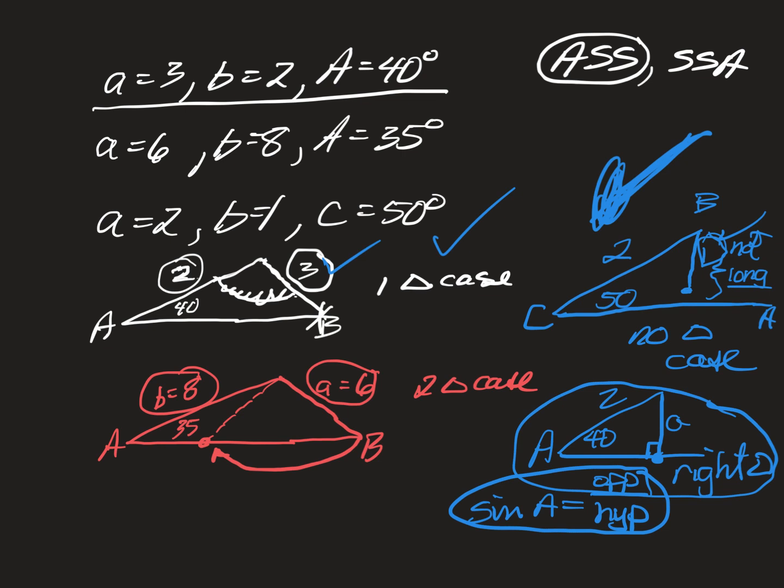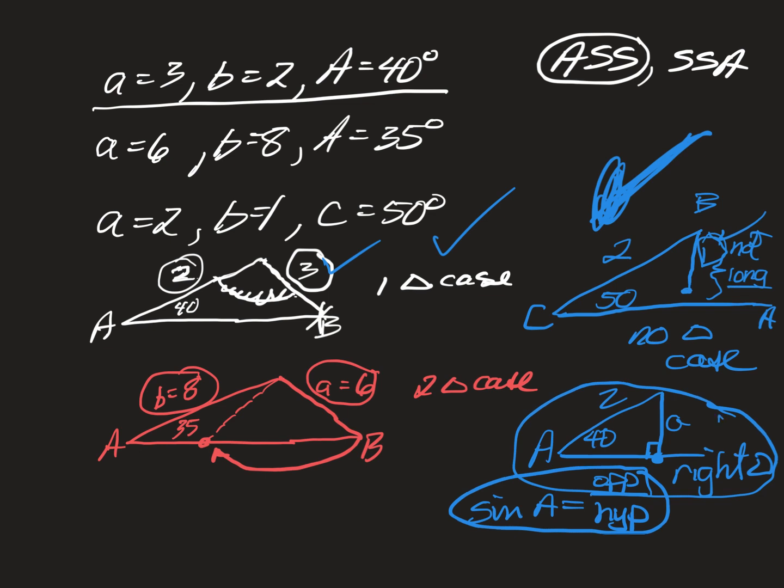And in this case, you get 3 over 2, which is bigger than the sine of 50, then that means that you're going to have a one triangle case where it's one oblique triangle instead of one right triangle. So you're looking for greater than, equal to, or less than. And the greater than, equal to are one triangle cases. Equals is the right triangle case.